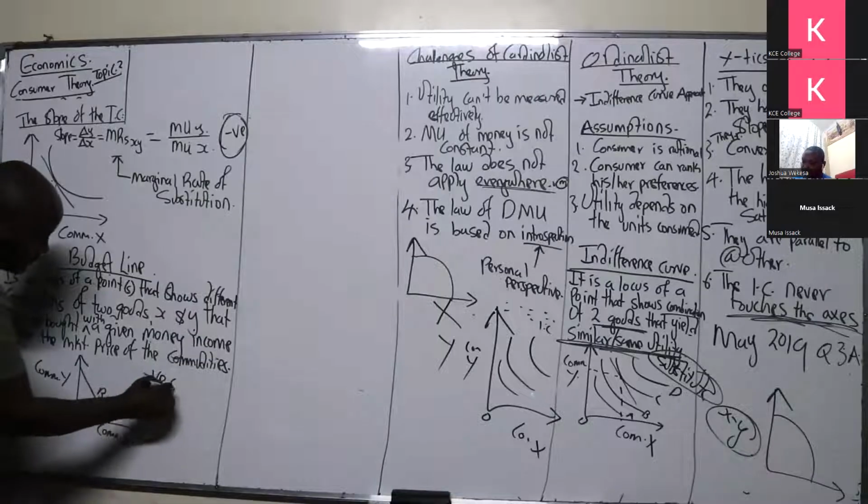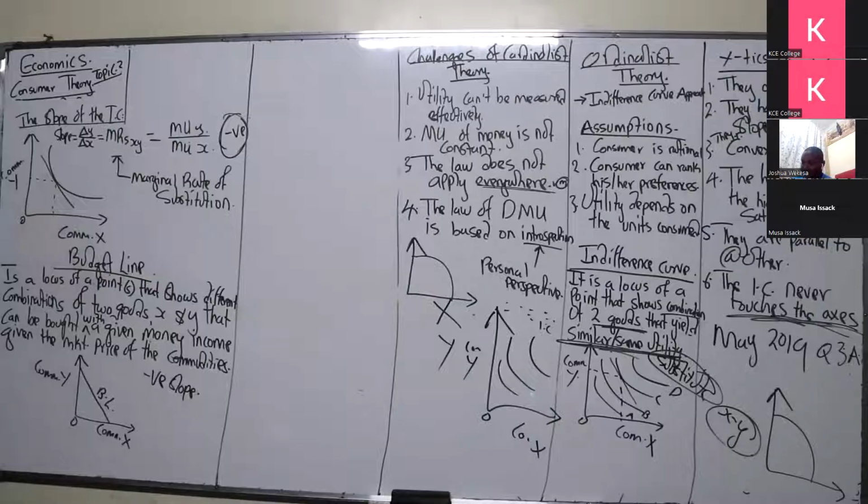Meaning that if we increase the price of commodity Y, then we shall consume less of that commodity, and vice versa.